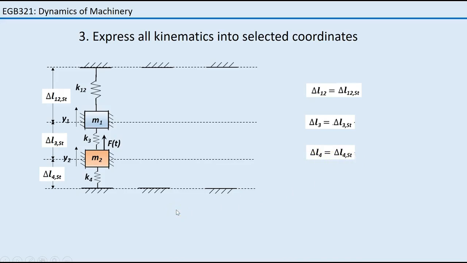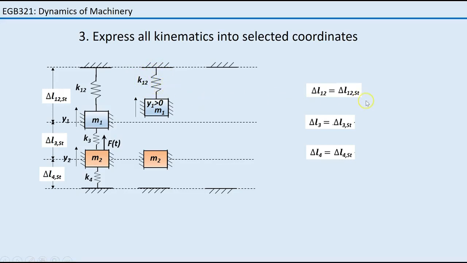Our next case is we consider M2 stays at its position while M1 is moving upward at a displacement y1. Let's see what effect it has on the springs. The first spring, which is k12, will be shortened or compressed.